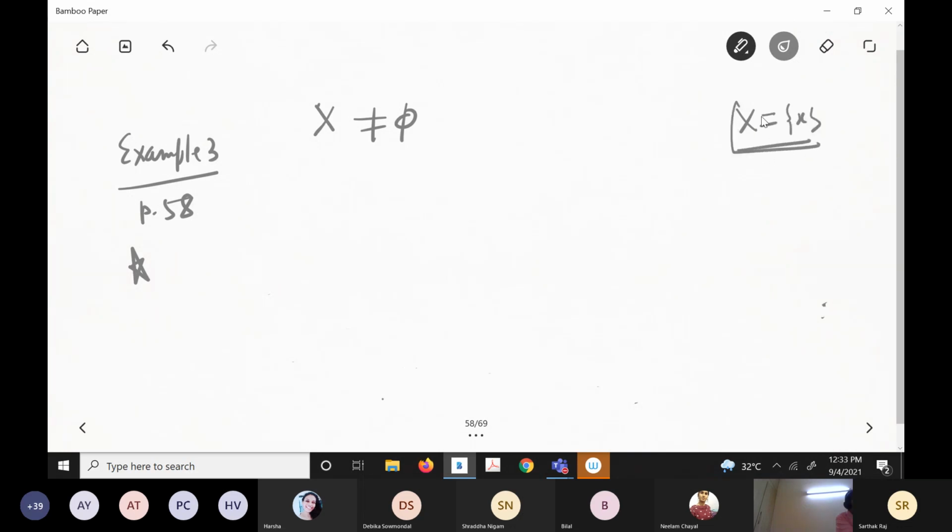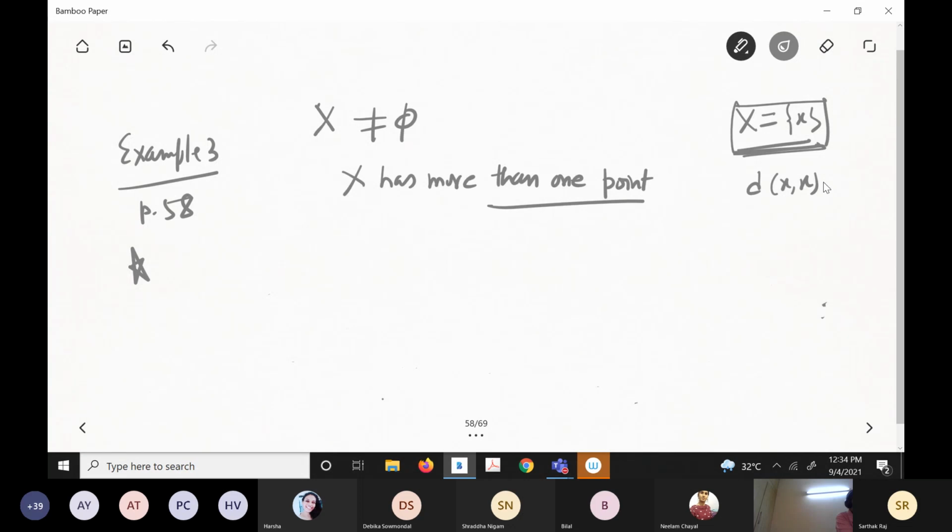When we consider a metric space, we say that X is not only non-empty, X has more than one point, that is, not a singleton set, so that the definition of metric really makes sense. If X is only one point, then the metric d has to be 0, the trivial metric.